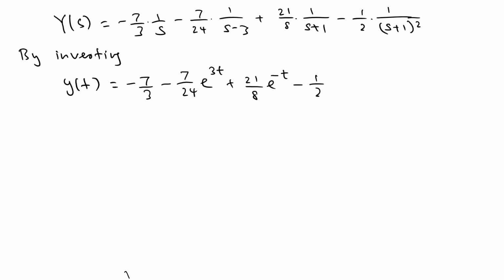Now you can see this is the shifting theorem. We have s plus 1, so we ignore the plus 1, so it's 1 over s squared, that means t, and then the shifting part is e to the minus t. You can see that's exactly what we expected.